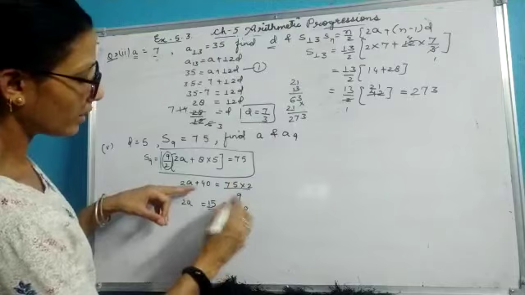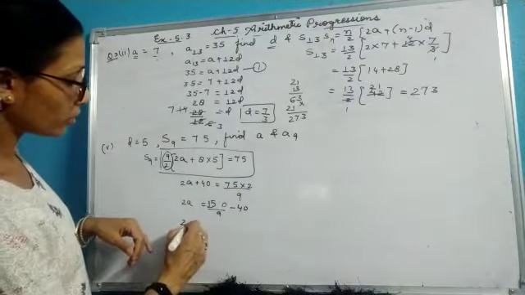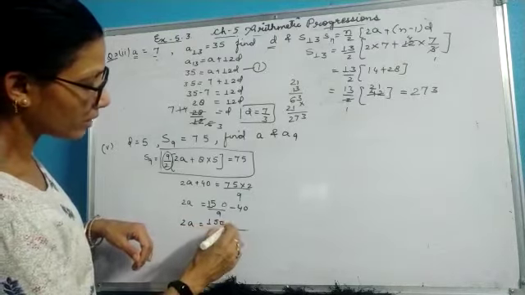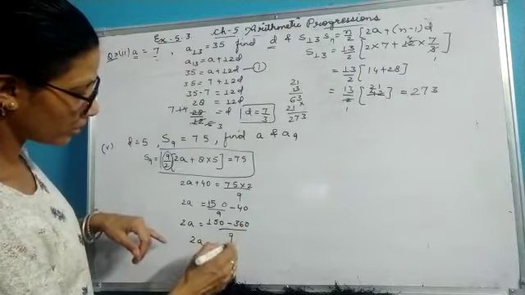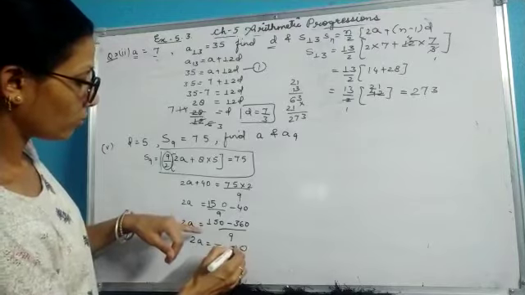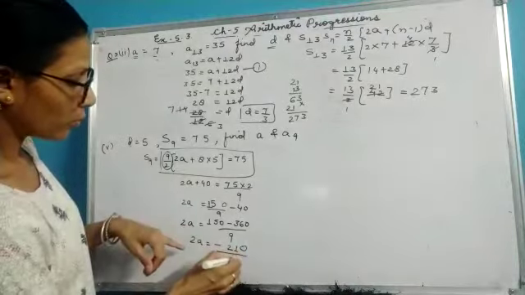And when I take this 40 this side, it will turn out to be minus 40. Now this is 2A equal to, take the LCM 9, 150 minus 360, which gives me 2A equal to, just subtract it, so it will be minus 210 upon 9.